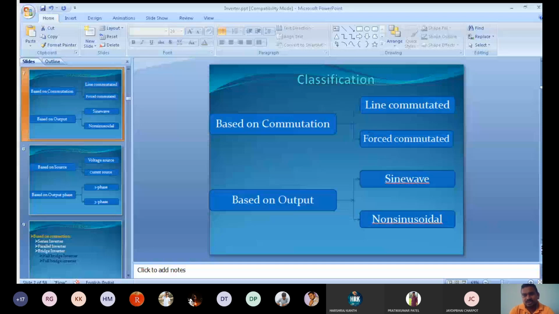This AC source is now connected to the load through the SCR. At one point we are triggering the SCR. As soon as the SCR is triggered, the source is connected to the load. Now at which point does this SCR become off in AC?